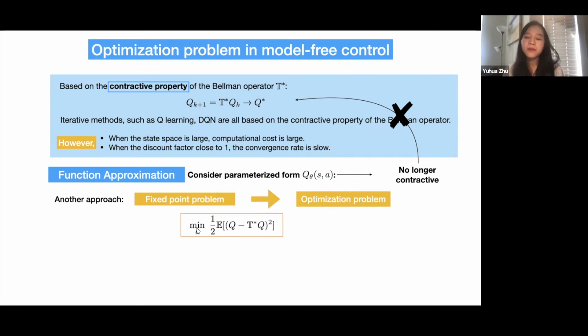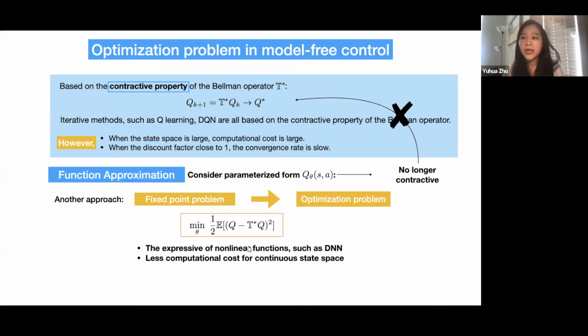Basically, solve the minimization problem so that the Q is the fixed point of the T star. And since the expressiveness of the nonlinear function approximation, we can always find a good approximation for the value function.